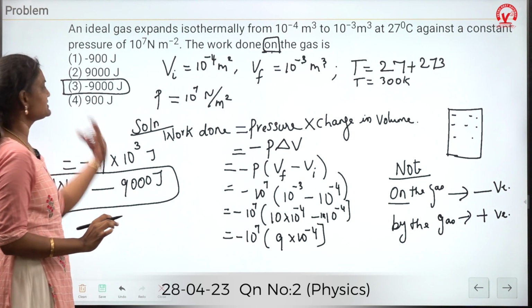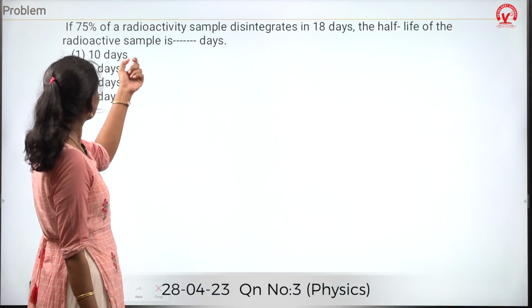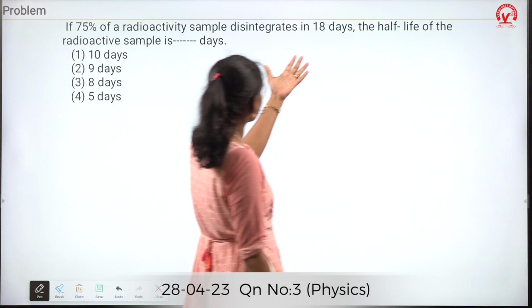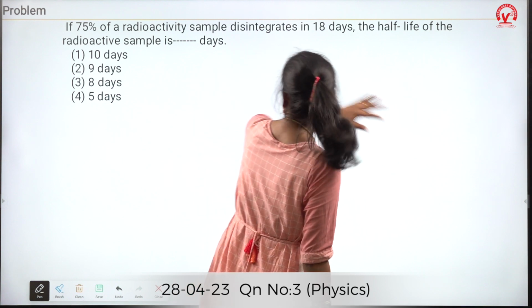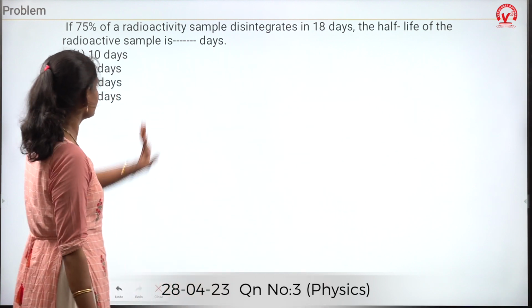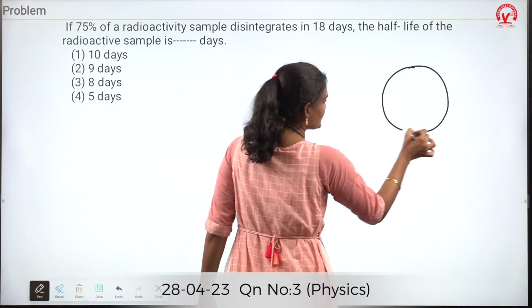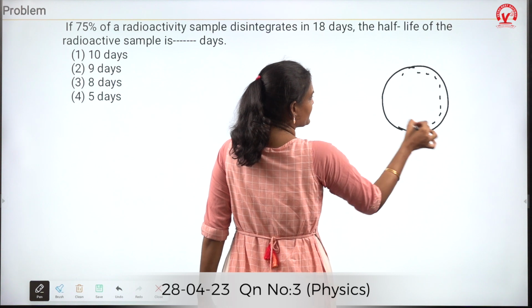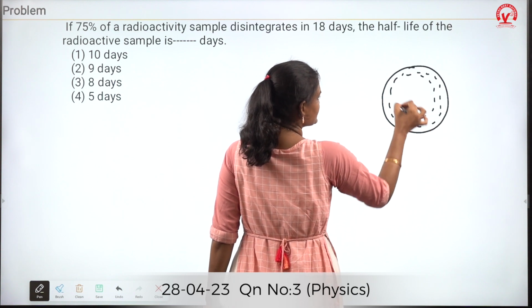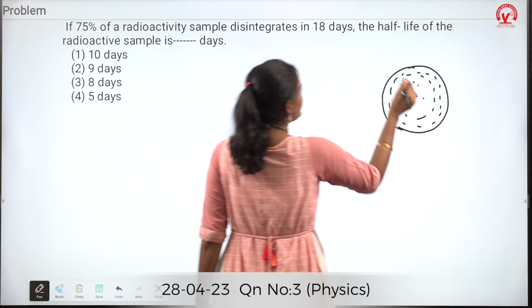So option 3 is the correct one. If 75% of a radioactive sample disintegrates in 18 days, what is the half-life of the radioactive sample? Here there are N0 nuclei present inside the radioactive sample.